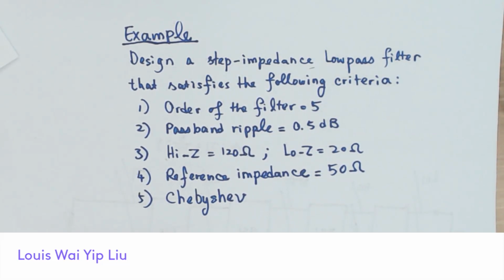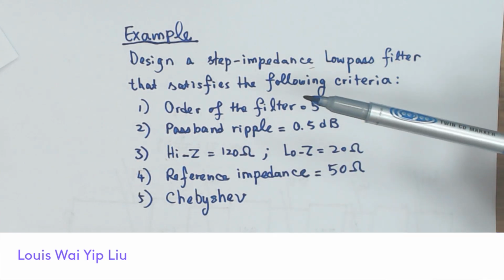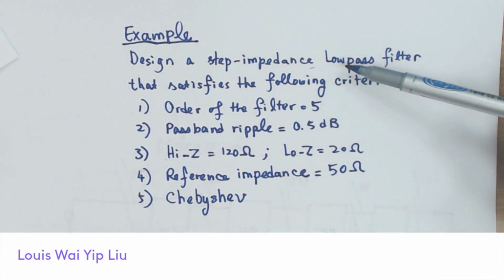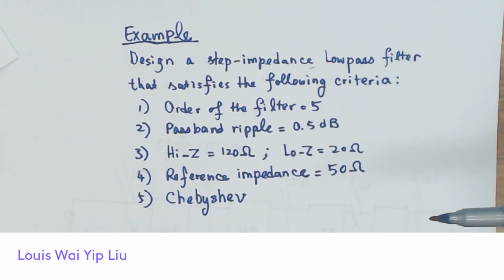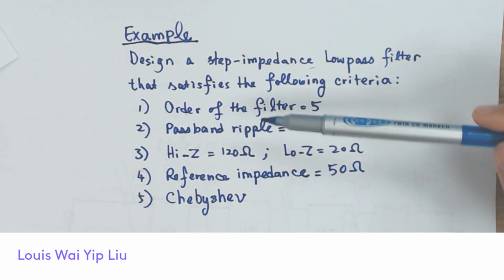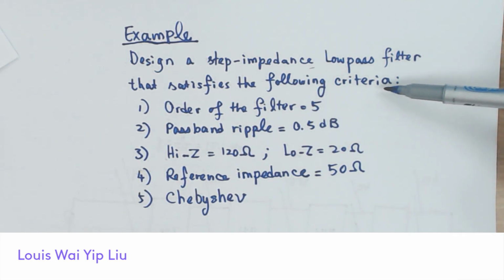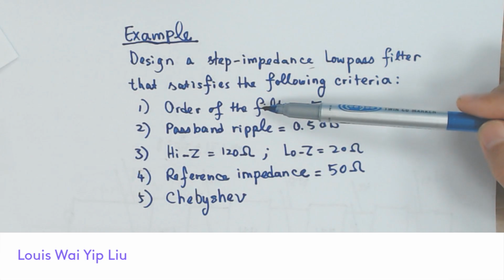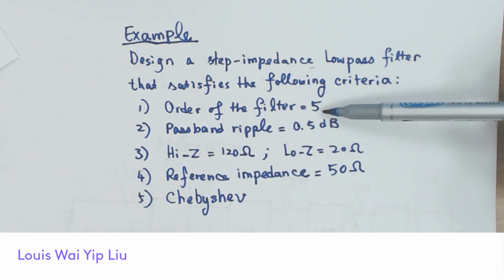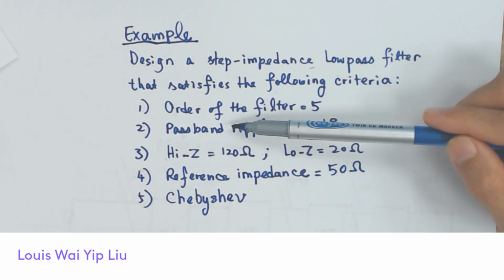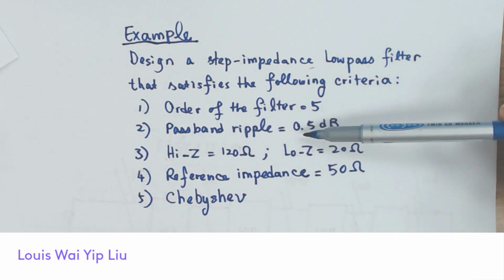Welcome to my channel. In this video, we are going to implement a Chebyshev step-impedance low-pass filter. The filter satisfies the following criteria. The order of the filter is 5. The passband ripple is 0.5 dB.